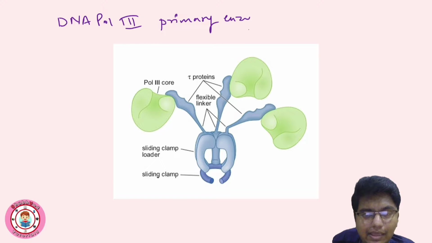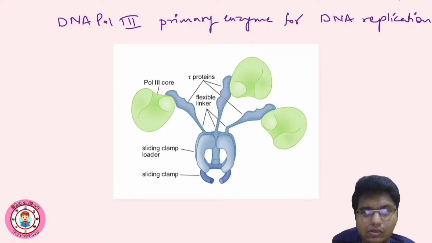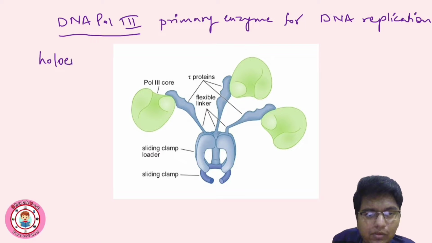It is a multi-subunit enzyme that requires a lot of subunits, so it is known as a holoenzyme. DNA polymerase 3 holoenzyme.